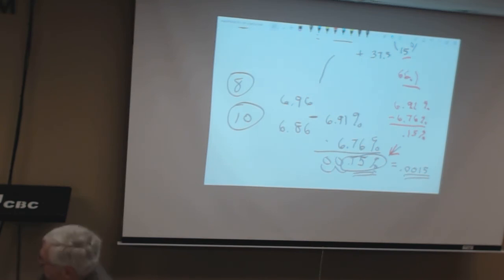Okay, so now can you see my stuff up there where I did it in red? So I took 6.91% minus 6.76%, and the answer is 0.15%, not 0.15. Because 0.15% is really 0.0015.